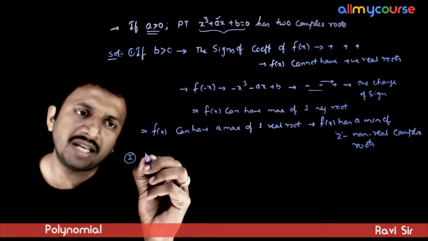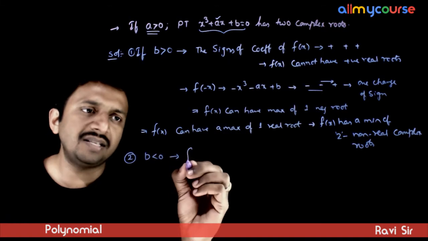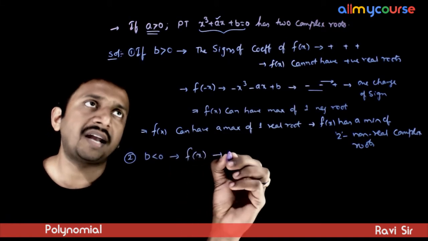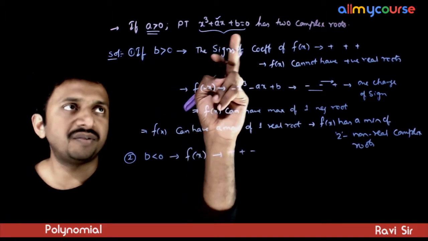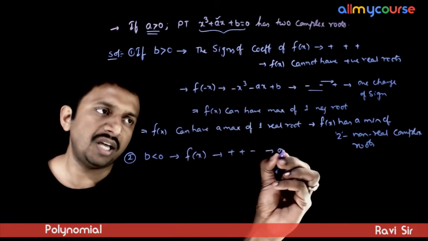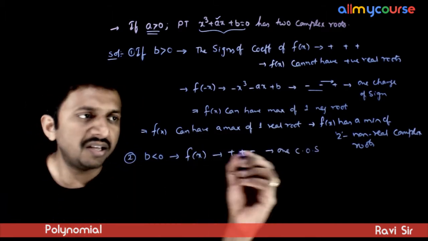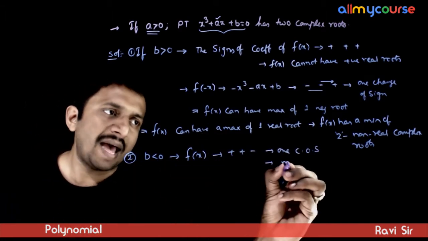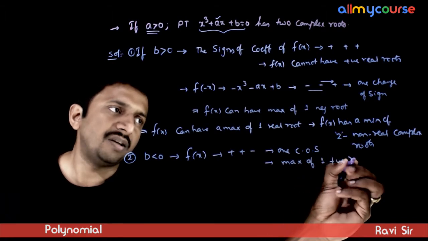Next, what if b less than 0? If b less than 0, the signs of f of x are plus, plus, minus. So one change of sign. This implies a maximum of one positive root.